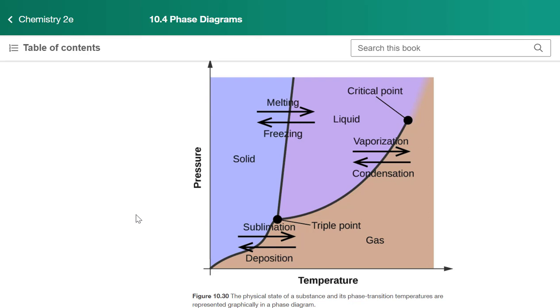The other point we haven't talked about yet is this one, and it's called the critical point. The critical point is the point beyond which you don't actually have a distinction between gas and liquid.